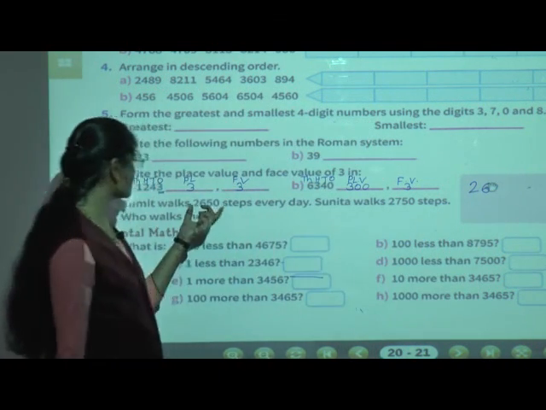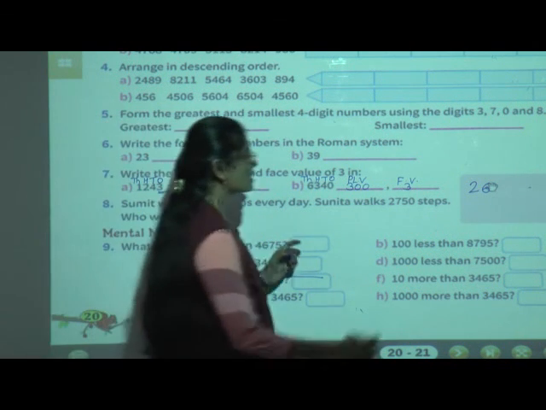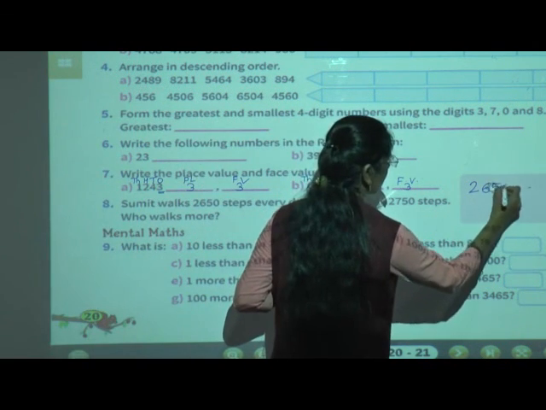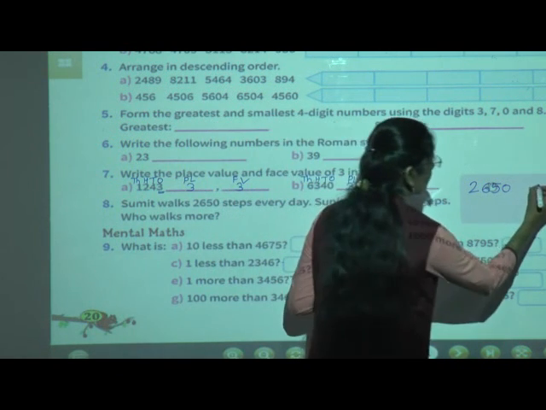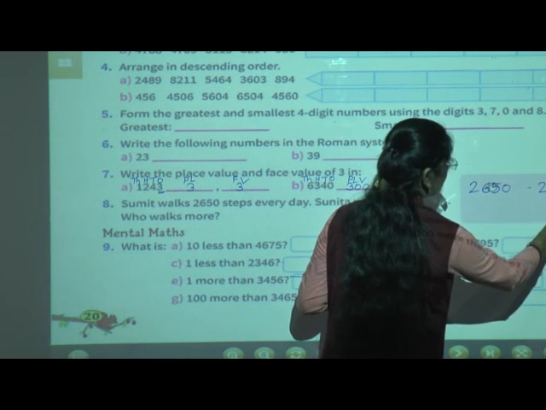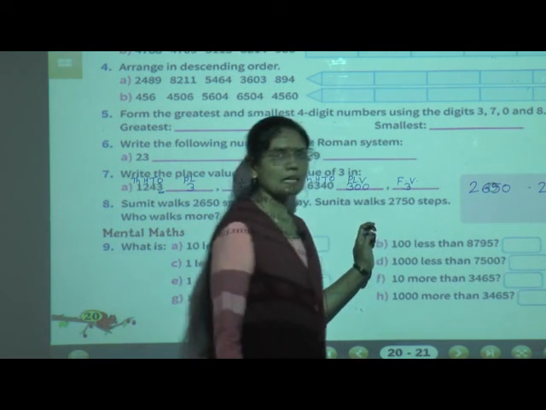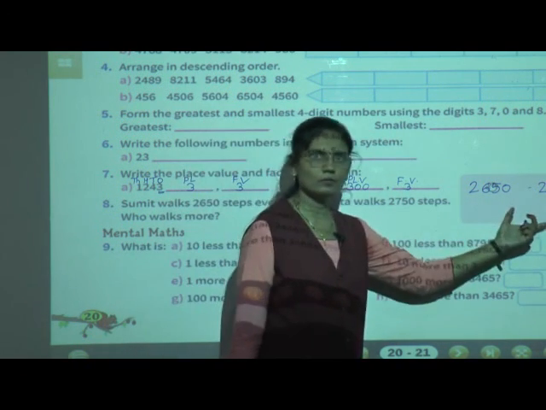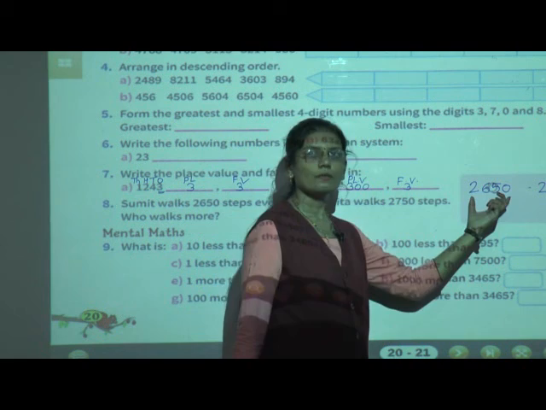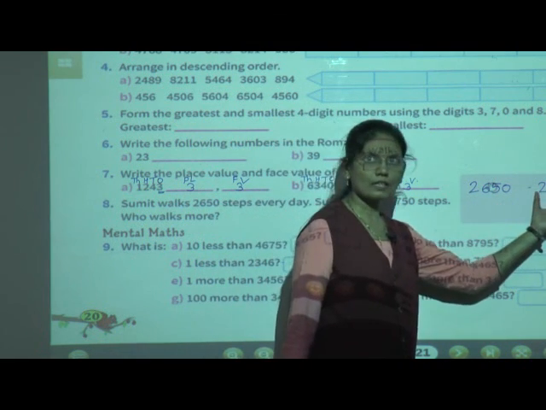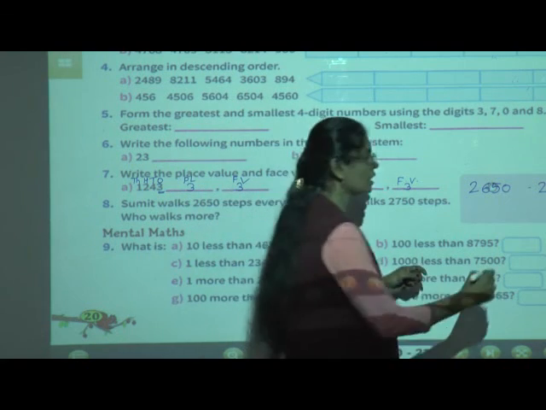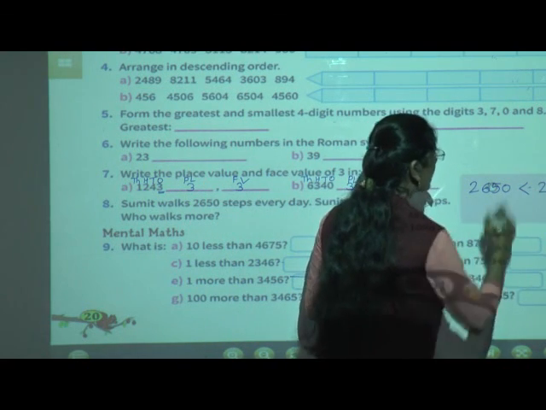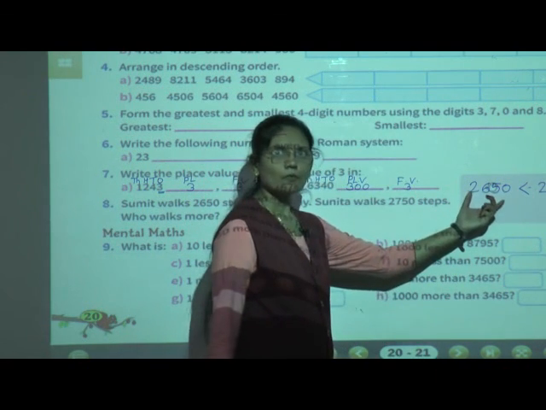Sumit walks how many steps? Sumit walks 2650 and Sunita walks 2750. Now students, tell me which number is greater? 2750 is greater than 2650.